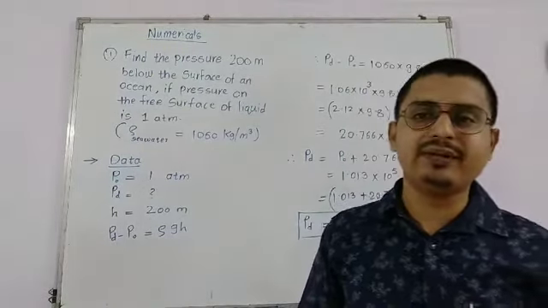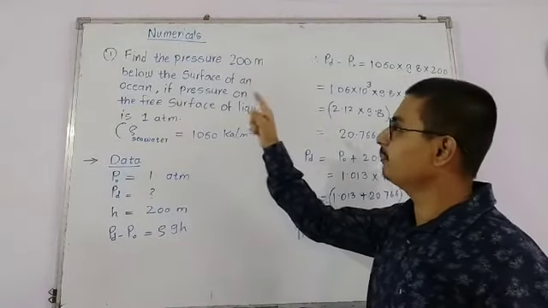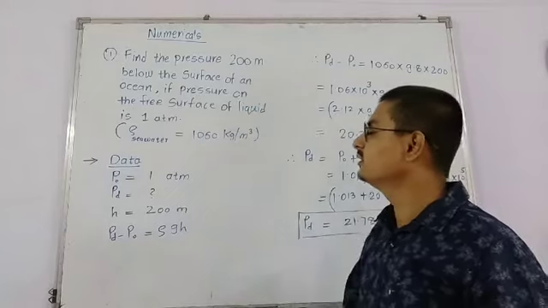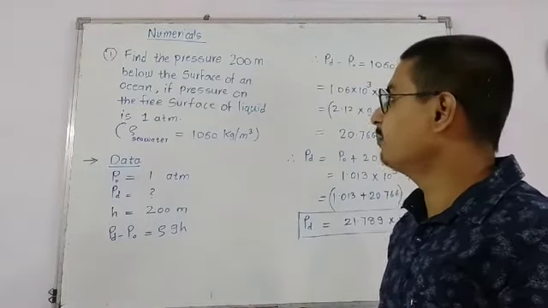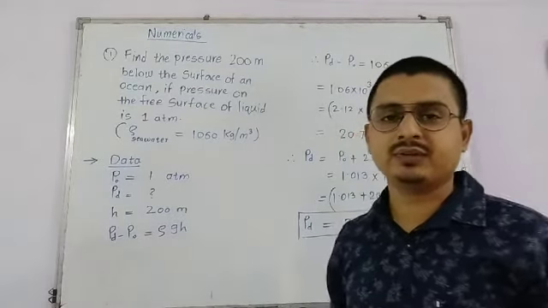So the first problem is: find the pressure 200 meter below the surface of an ocean if the pressure on the free surface of the liquid is 1 atmosphere.